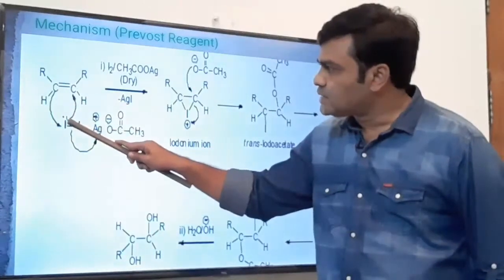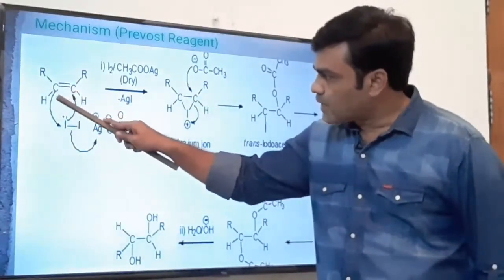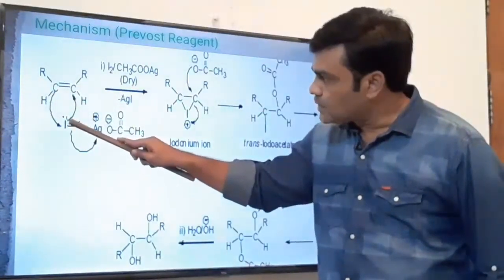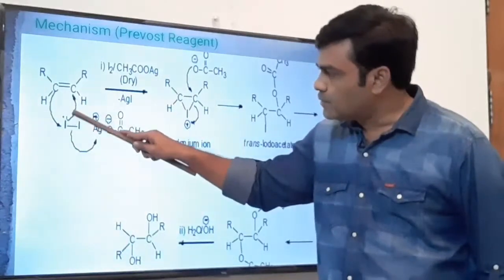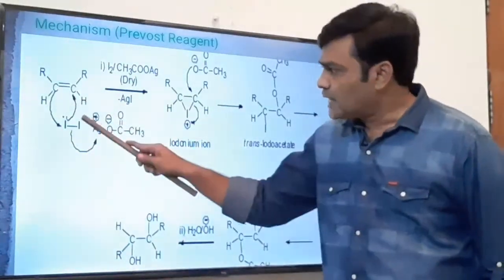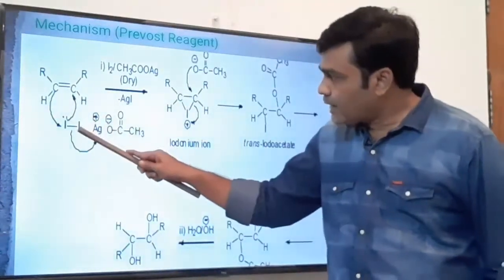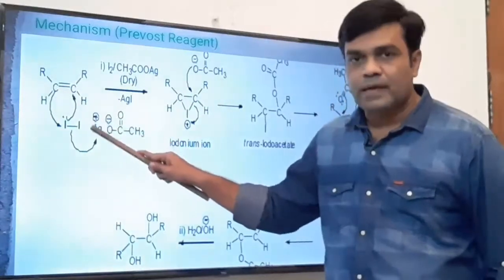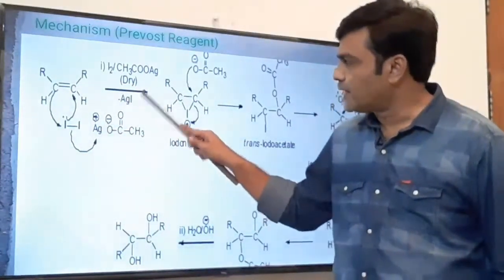And iodine donates its lone pair to the carbon. So this happens simultaneously: formation of the carbon iodine bond, and formation of this new carbon iodine bond between the deficient carbon and iodine by the donation of a lone pair from the iodine. And this I negative, that is the iodide ion, leaves the moiety. That iodide ion and this silver ion, Ag positive ion, combine together, with loss of silver iodide.